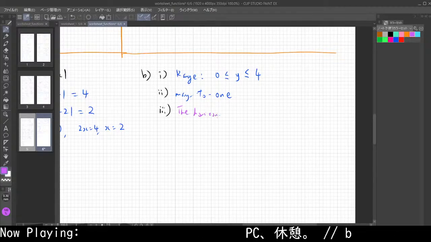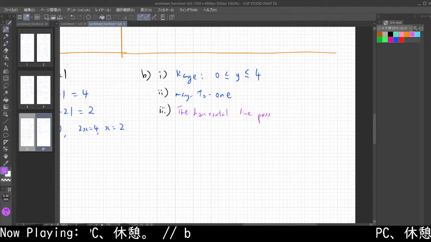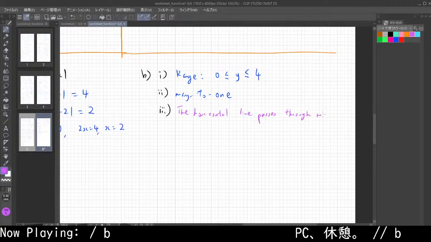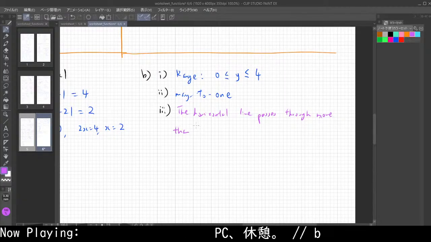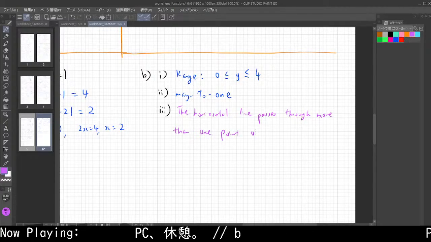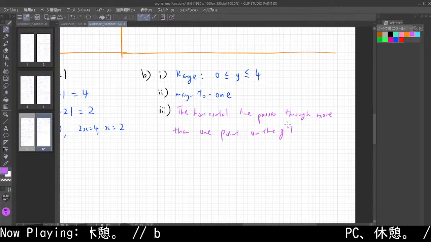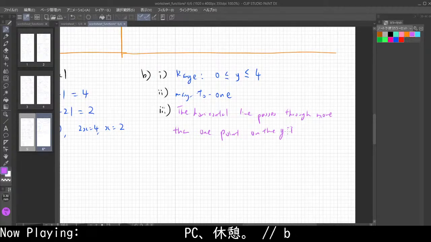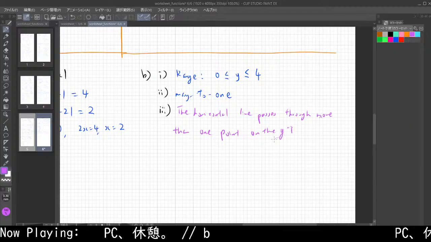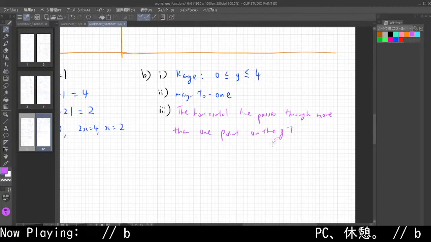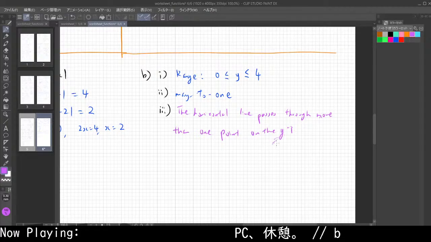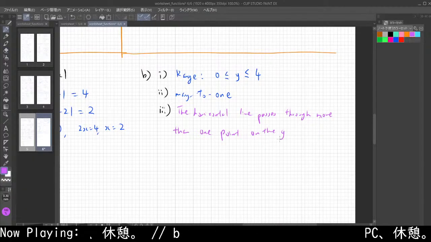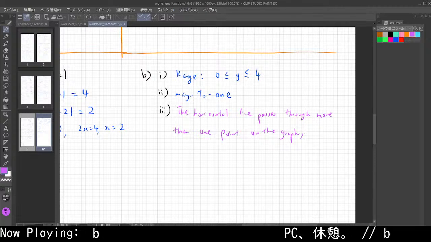The horizontal line passes through more than 1 point on the graph.